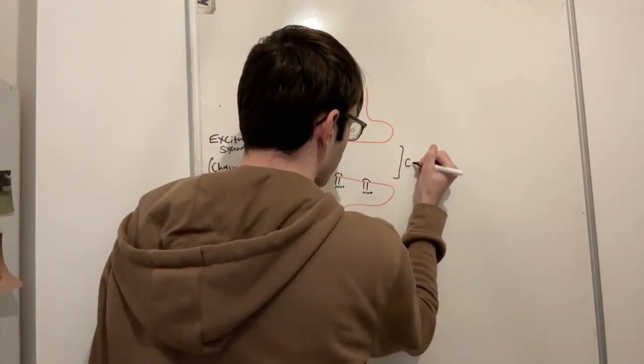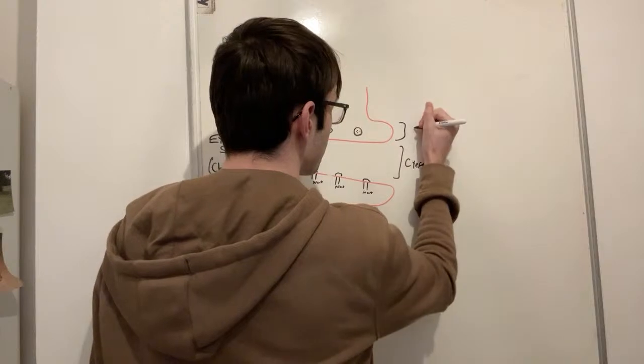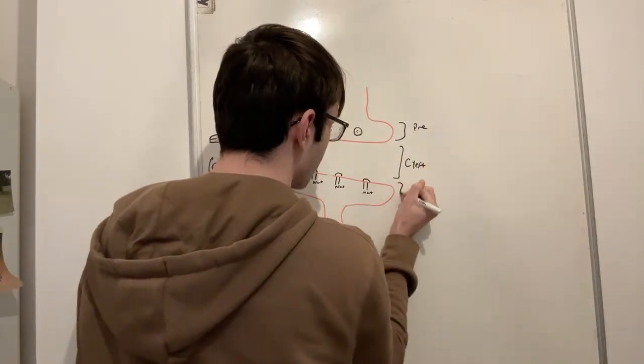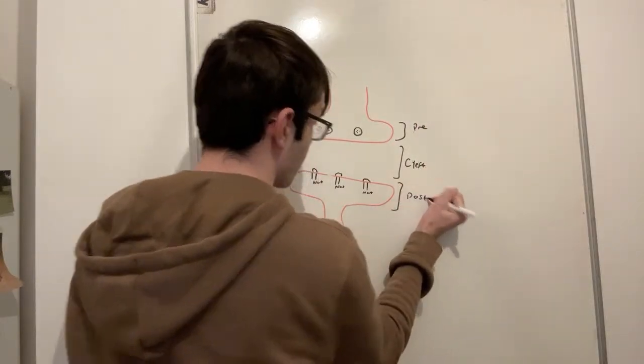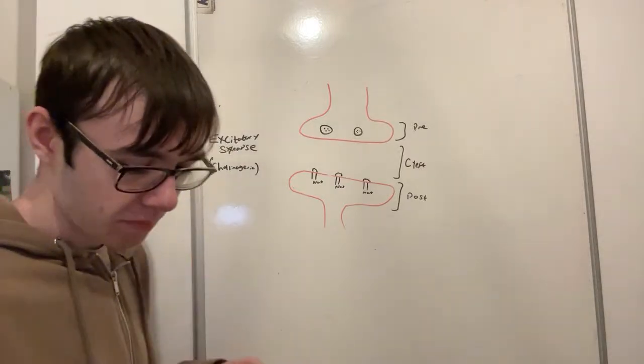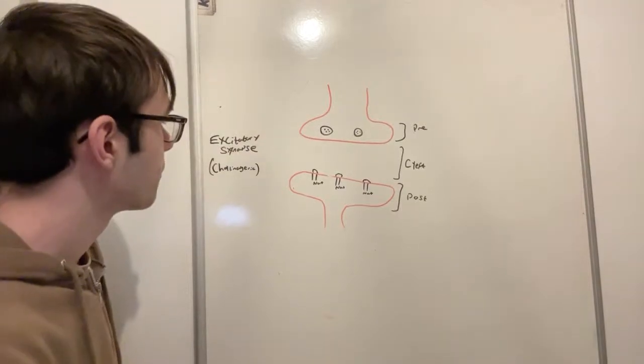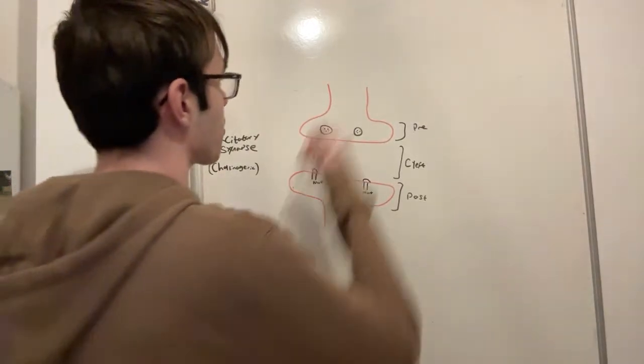This is the synaptic cleft. This is the presynaptic knob, and that's the postsynaptic knob. Basically, the action potential is going to arrive.